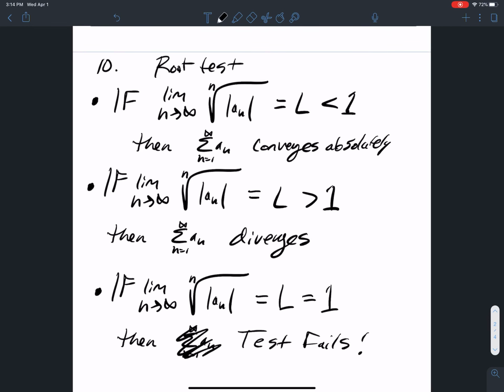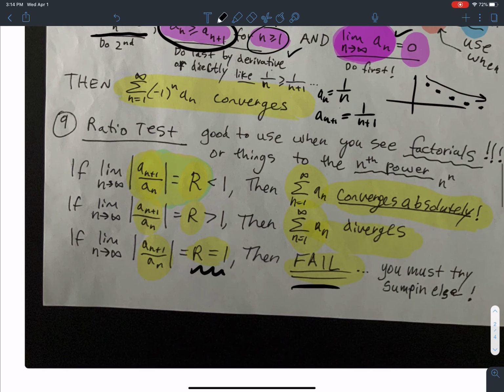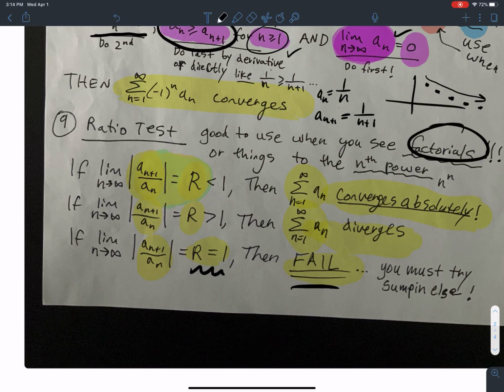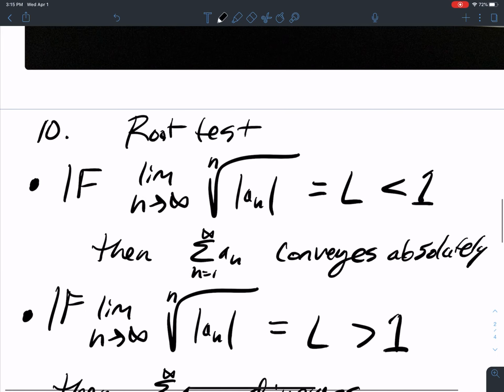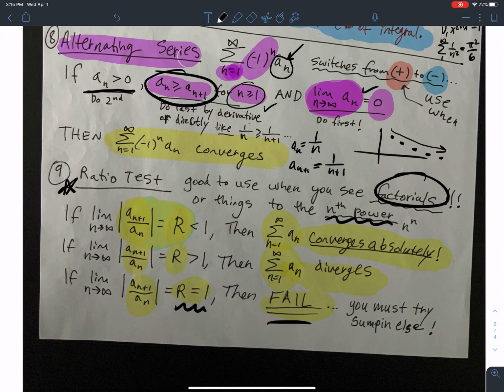I would use this one if I see something with powers of n. The ratio test is really useful. It's good to use when you see factorials or when you have powers of n. I didn't put the root test on the sheet because truly the ratio test can help us out there. Any problem that the root test can work through, the ratio test can also help with.